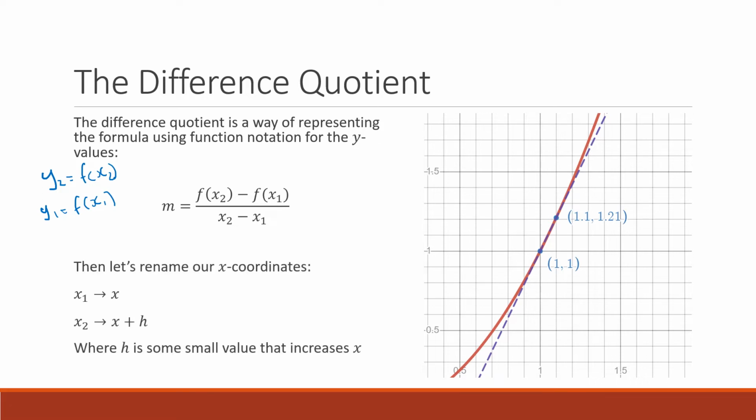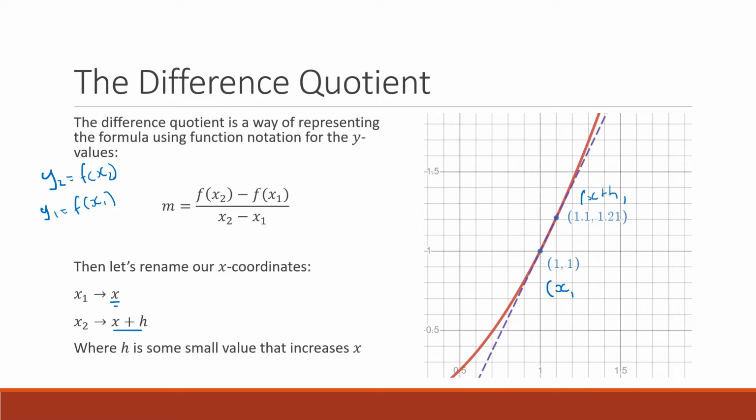Then we're going to rename our coordinates. Instead of having x1, we're going to have just plain old x. This is the point we're finding our gradient at, x, and x2 we're going to call x plus h.